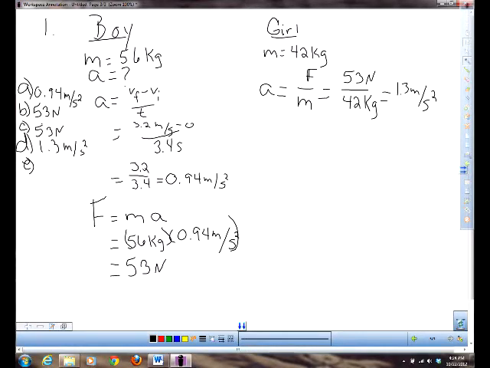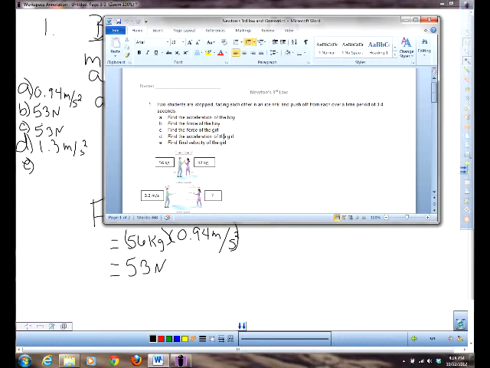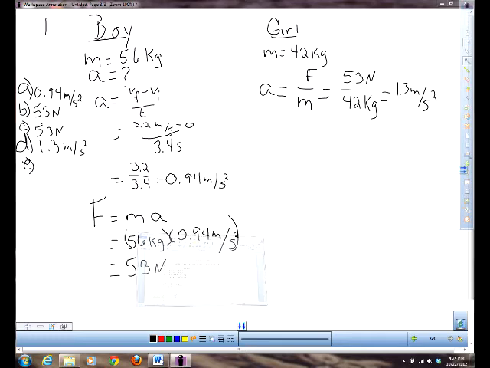Okay? And then E asks us to find the final velocity of the girl. Kind of going backwards from the boy's, we started off with this equation, now we're going to end with this equation.